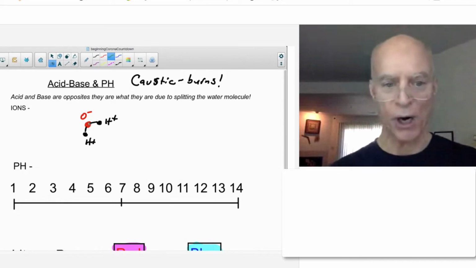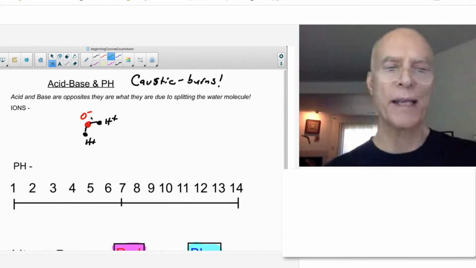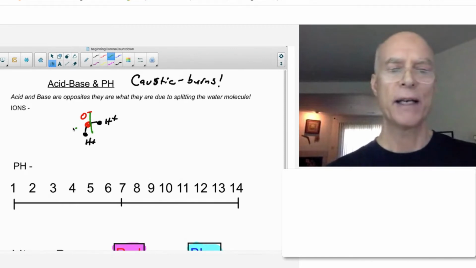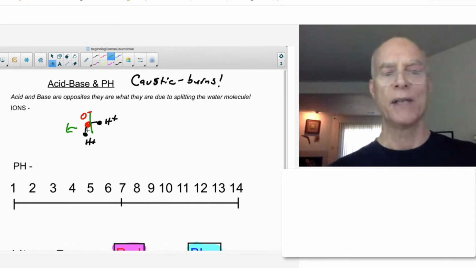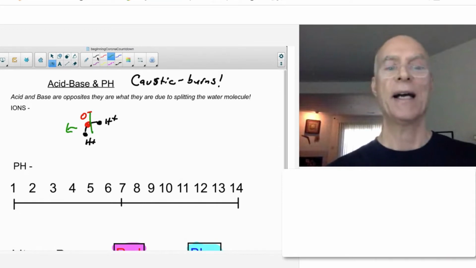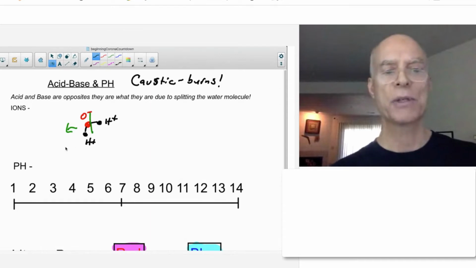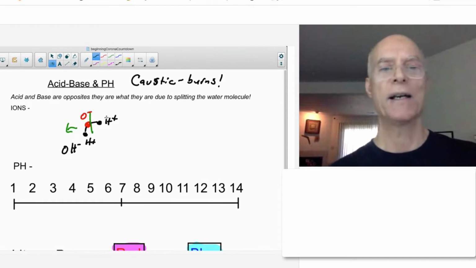They're super hard objects. What I can do is break the bond on one of those sides. If I break it, it breaks like that, so that one side goes out with the oxygen and the hydrogen on it. And that is actually an ion. That's an OH minus ion.